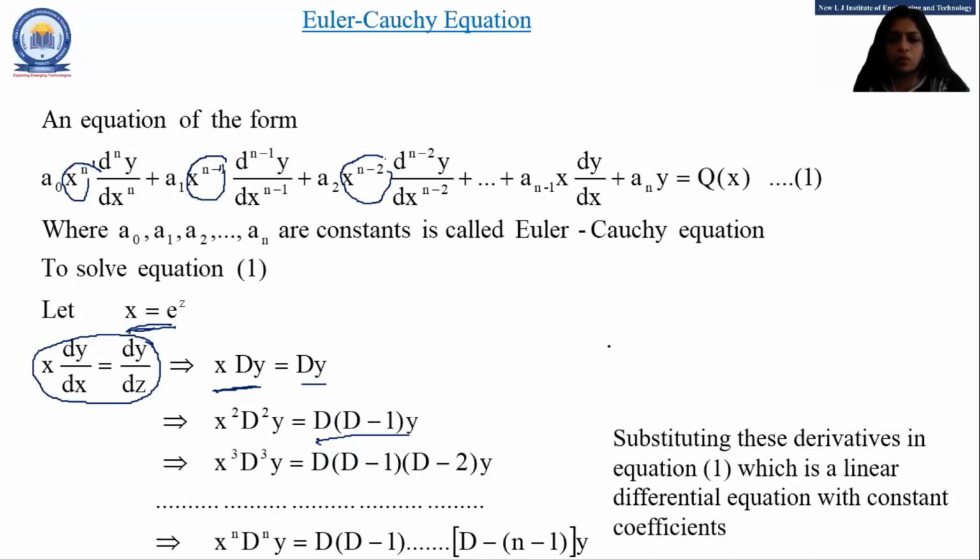Then x cube d cube y by dx cube is D(D minus 1)(D minus 2) y. You just have to remember: substitute x is equal to e raised to z, x dy is equal to D y, x square d square y is equal to D(D minus 1) y, x cube d cube y is equal to D(D minus 1)(D minus 2) y. Similarly for the next powers.